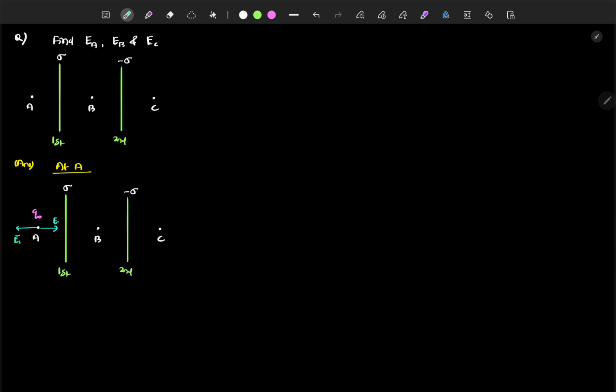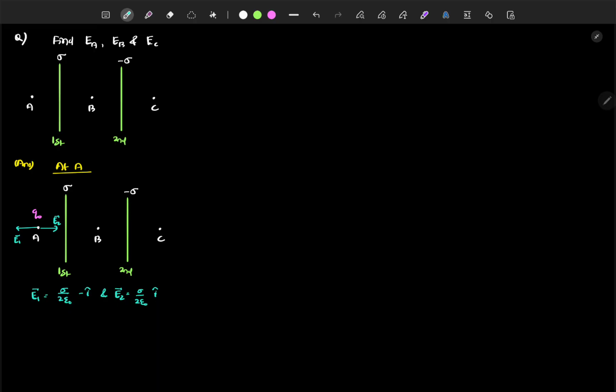So this is E2 vector. E1 vector is equal to sigma by 2 epsilon naught minus I cap, and E2 vector is equal to sigma by 2 epsilon naught into plus I cap.